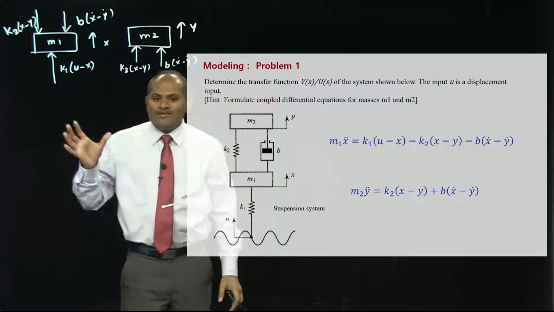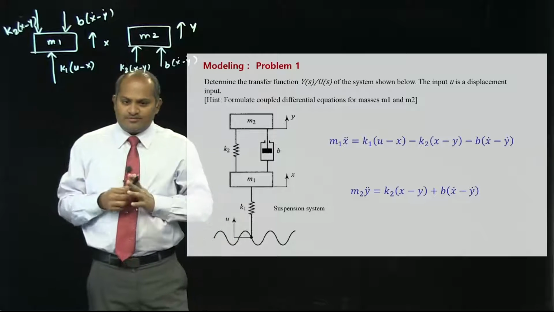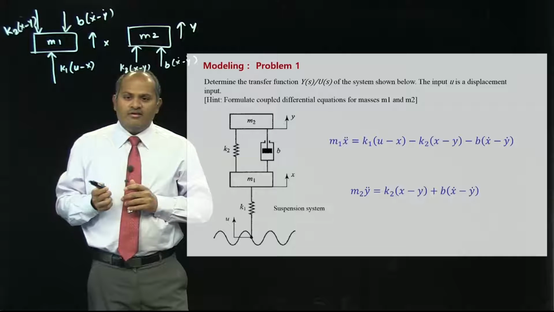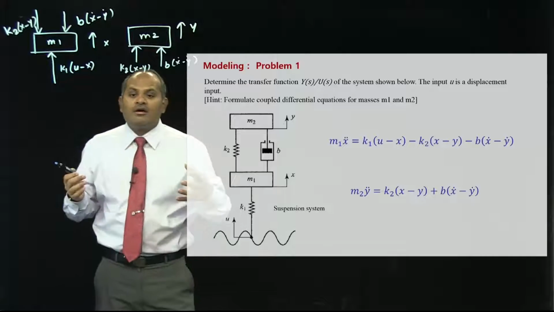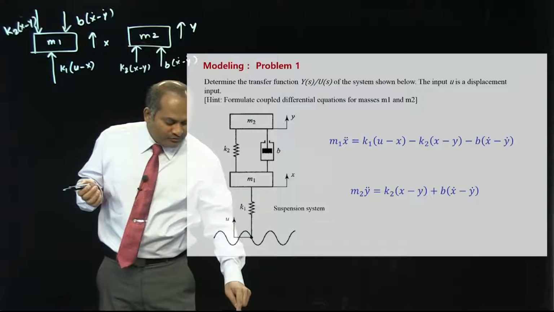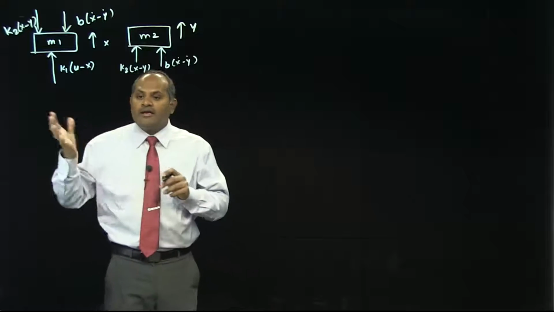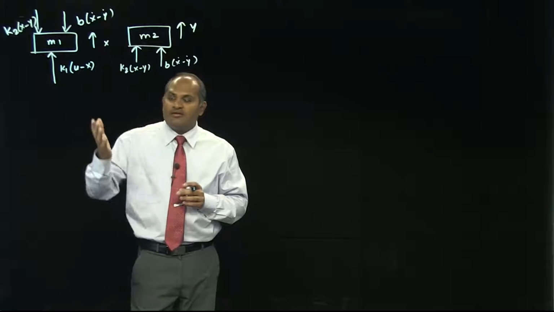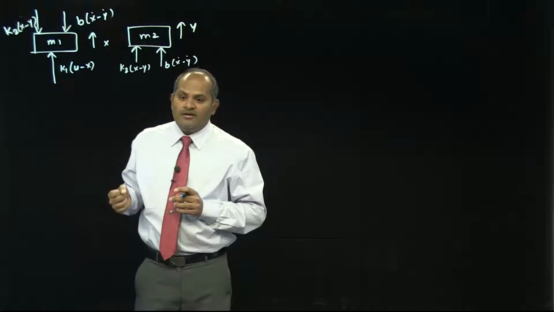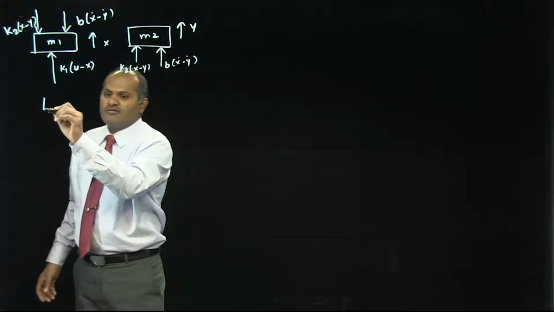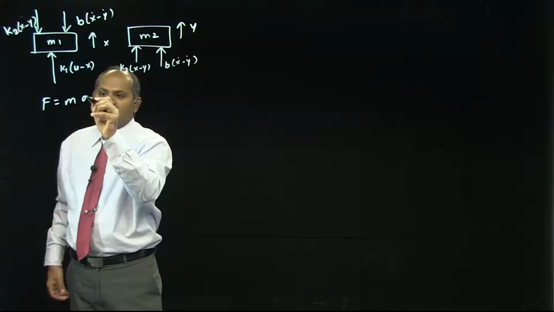Now, once we write these two equations, then you can easily write the force. Using Newton's second law, we can directly write the differential equation. We know that force is equal to mass into acceleration.